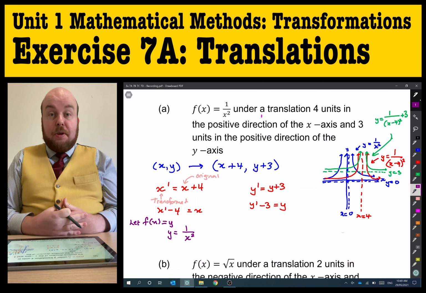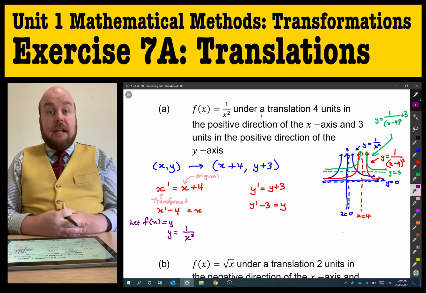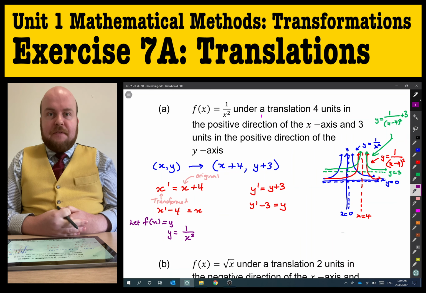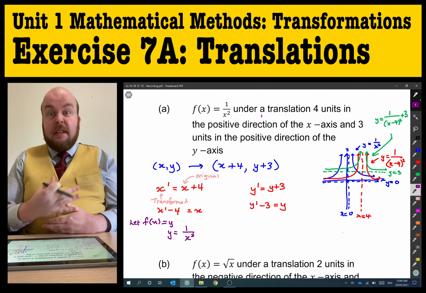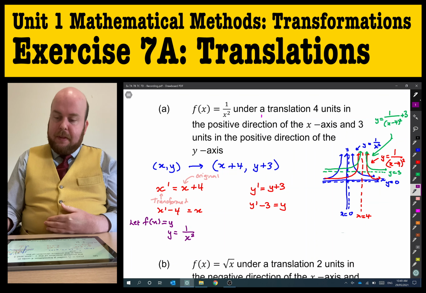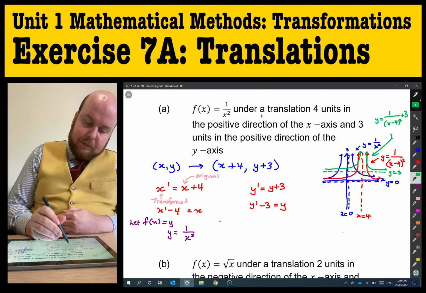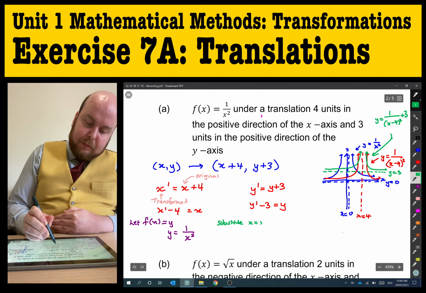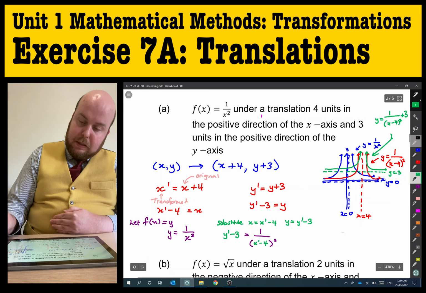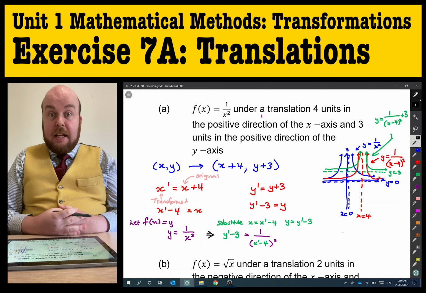So I rearranged those statements to make the original, the one without the apostrophe, the subject, and I'm going to substitute it into the original equation. You'll notice there I've just said let f of x equals y so that we don't get confused and we know what we mean by substituting y in. Now it's time to substitute. So I've substituted those particular expressions in.